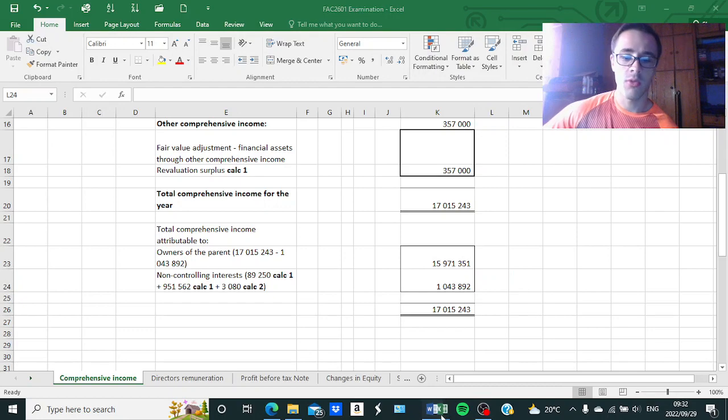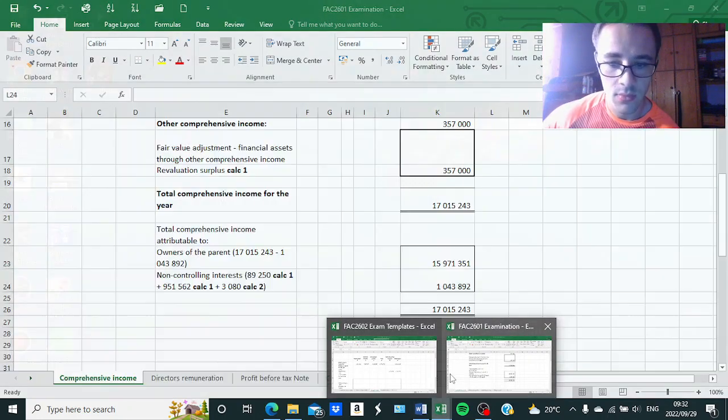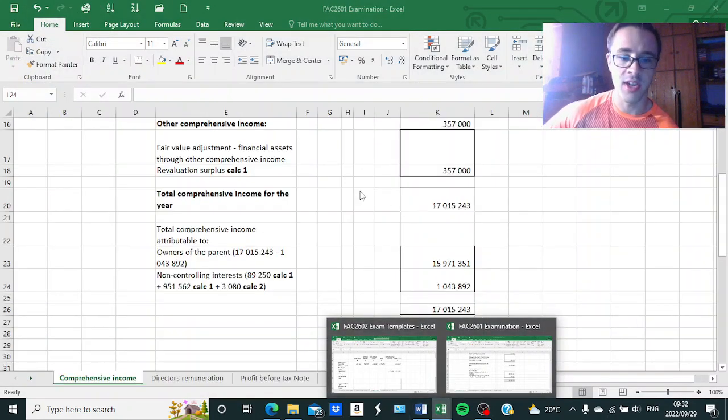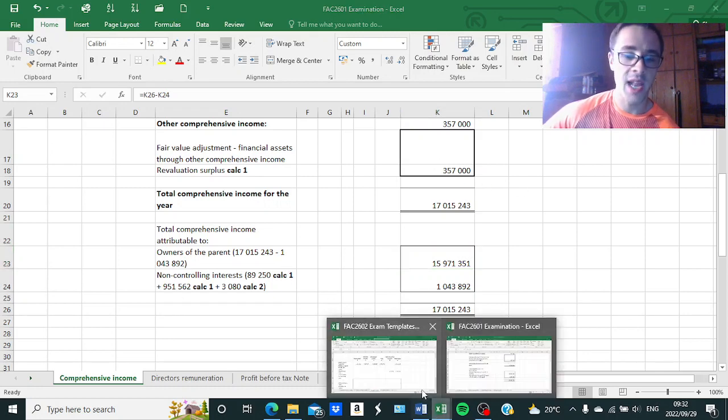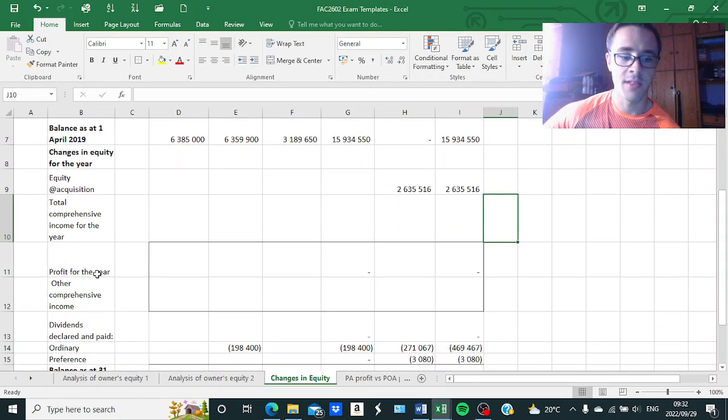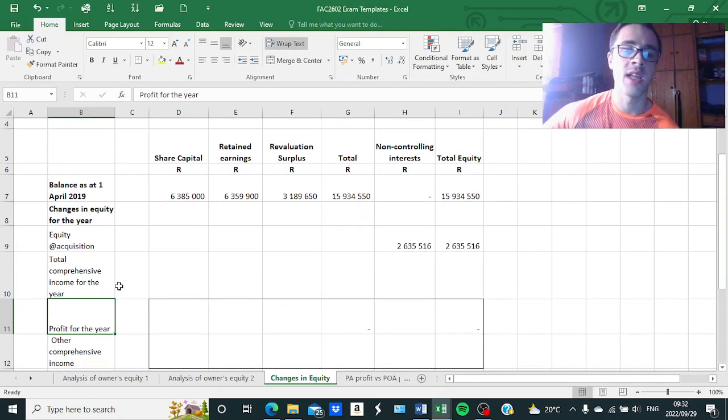Okay, now for the parent, in order to calculate the revaluation surplus, remember, because there was a revaluation surplus. Okay, so this amount right here includes the portion of that revaluation surplus that is attributable to owners of the parent. Okay, so what we will actually do is that for the profit for the year, we know that the profit for the year will be credited to the retained earnings account, meaning it will increase the retained earnings account.